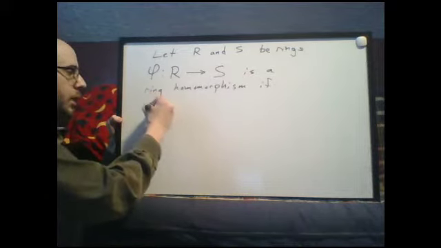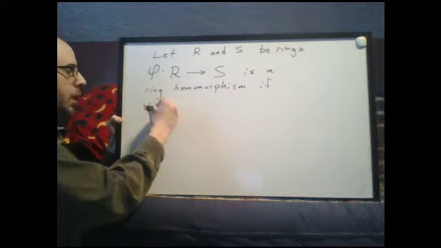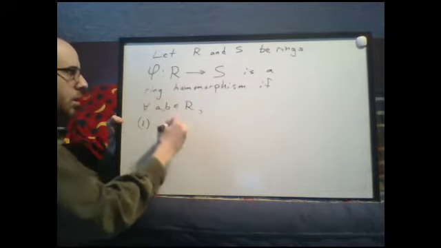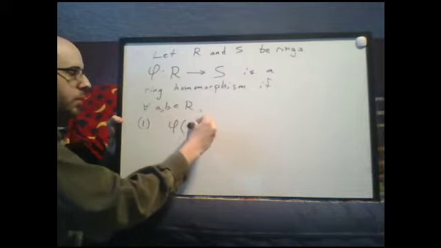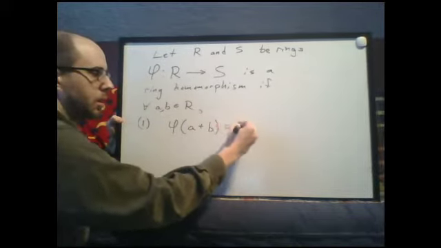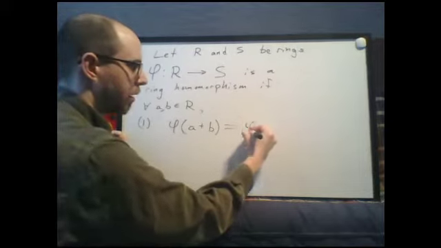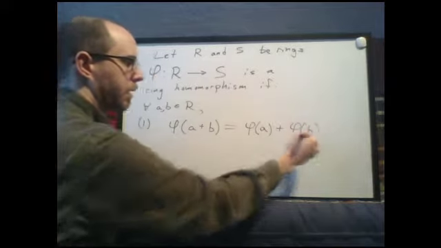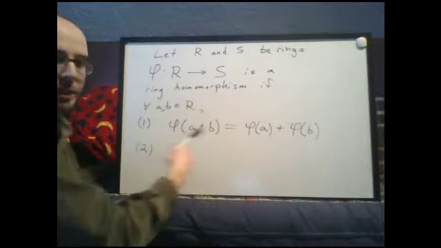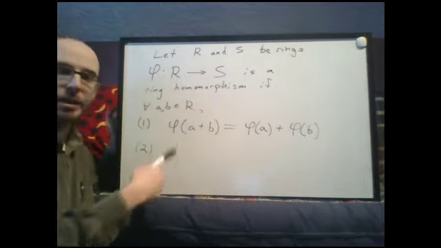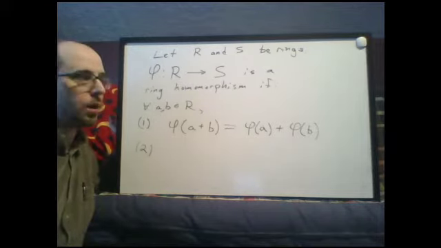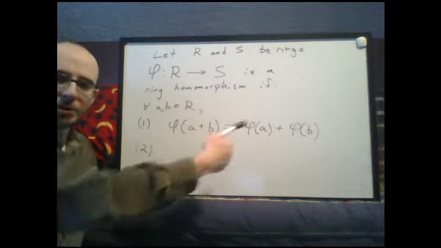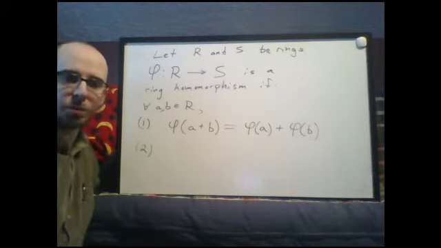For any A and B in the domain, phi of A plus B has to equal phi of A plus phi of B. If I just have that, this would be a group homomorphism under addition, because both R and S would be groups under addition.